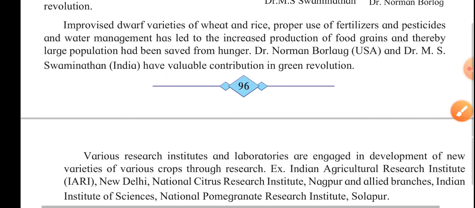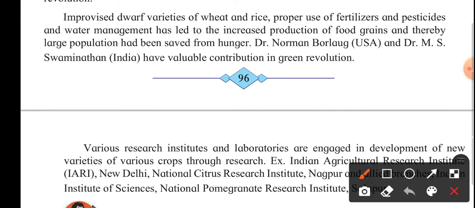Improved dwarf varieties of wheat and rice, proper use of fertilizers and pesticides, and water management led to increased production of food grains, and thereby a large population was saved from hunger. Dr. Norman Borlaug from the USA and Dr. M.S. Swaminathan from India made valuable contributions to the green revolution.